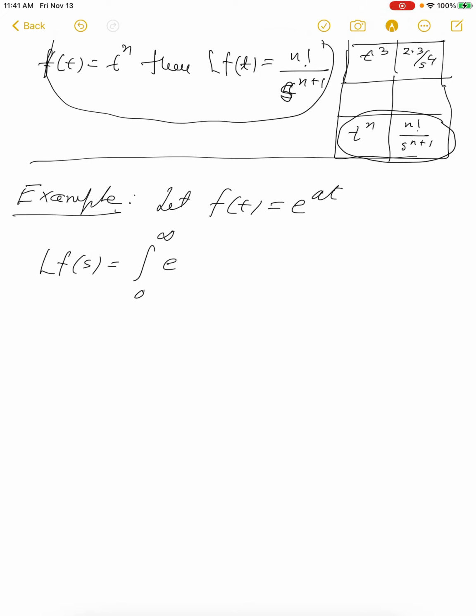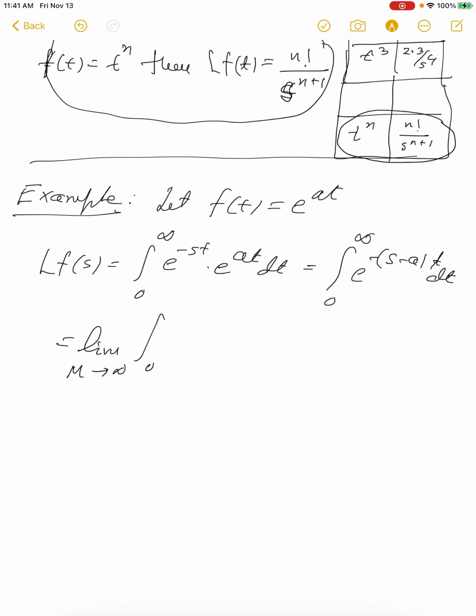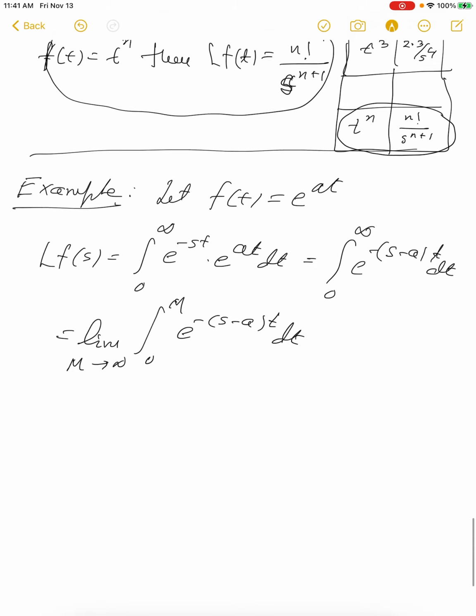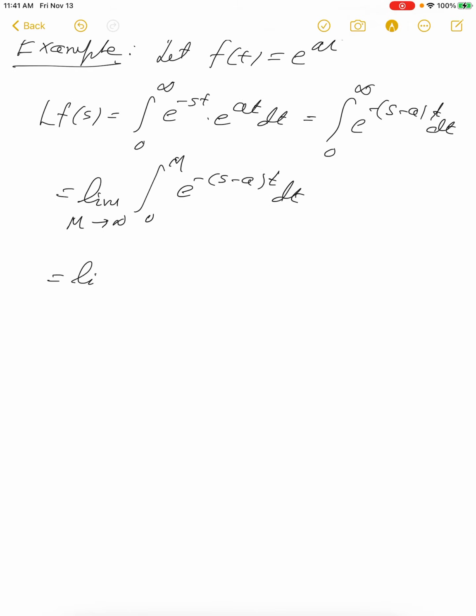This is again the integral from 0 to infinity of e to the minus st times f of t, which is e to the at, dt, which is the limit as m tends to infinity of the integral from 0 to m of e to the minus s minus a times t dt, which is the limit of e to the minus s minus a t, whose integral is e to the minus s minus a t divided by the constant minus s minus a, between 0 and m.